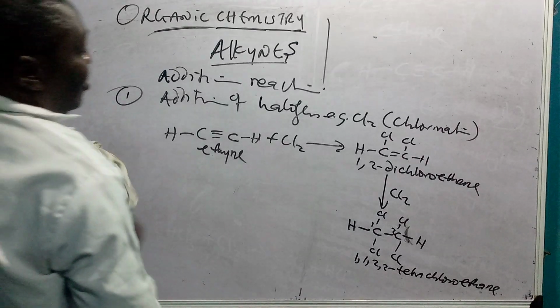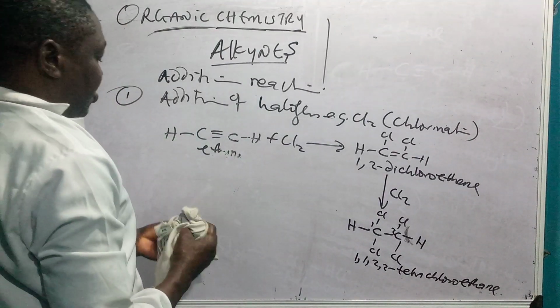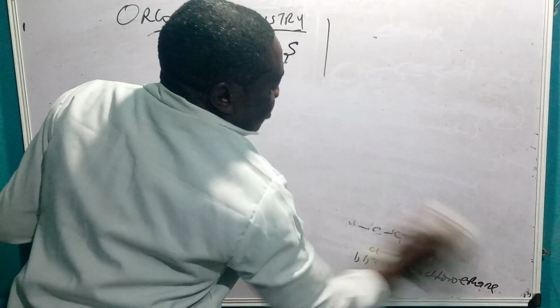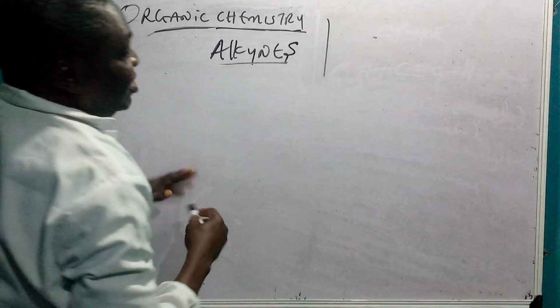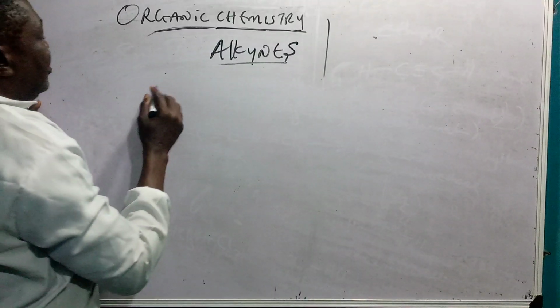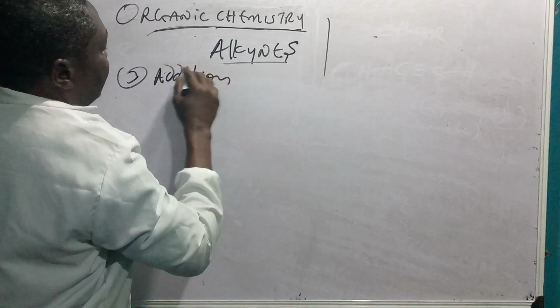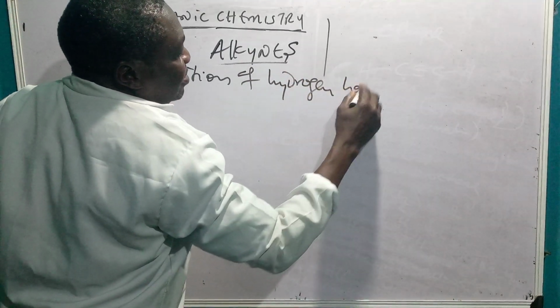Then the last reaction we are going to consider is the addition of hydrogen halide. Remember, we undergo polymerization and others, we are not considering them in this reaction. In subsequent videos, we'll talk about them. Addition number 3 of hydrogen halide.